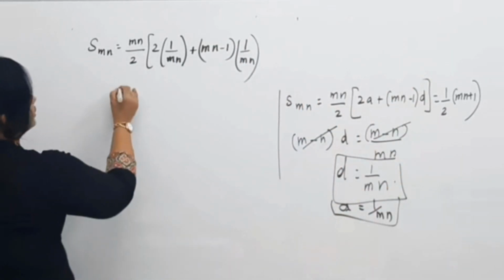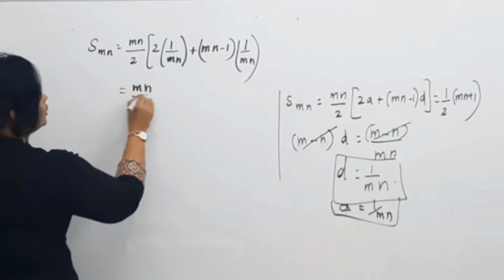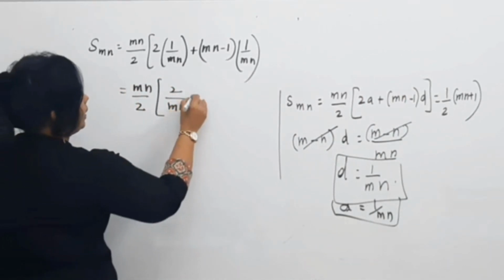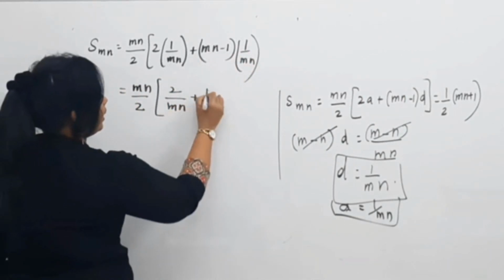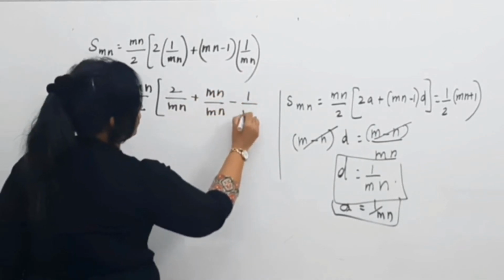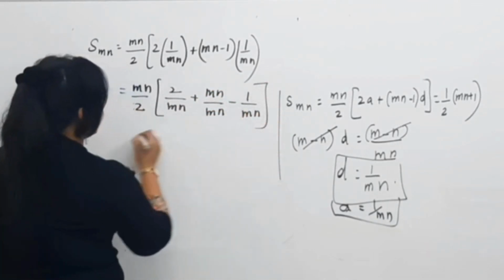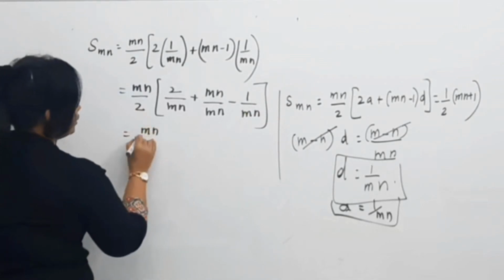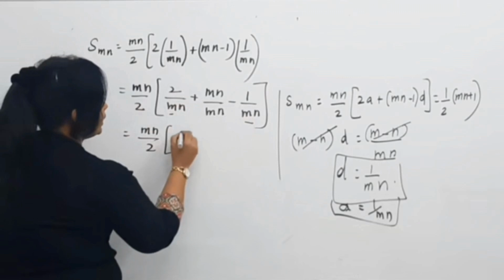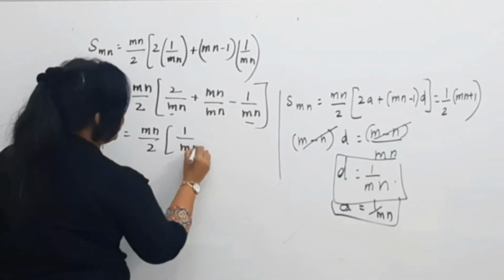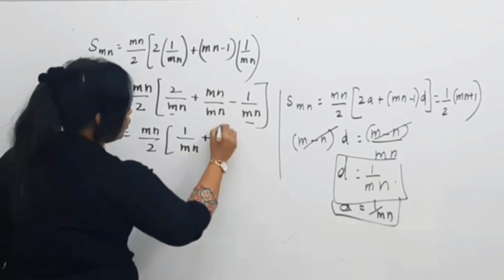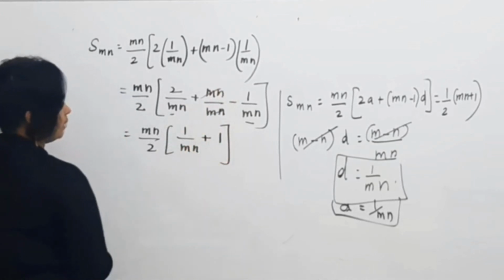Let me simplify this first. So mn by 2 into 2 by mn plus mn by mn minus 1 by mn. That's equal to mn by 2 into 2 minus 1 by mn plus, this becomes cancelled. So 1, this gets cancelled and becomes 1.